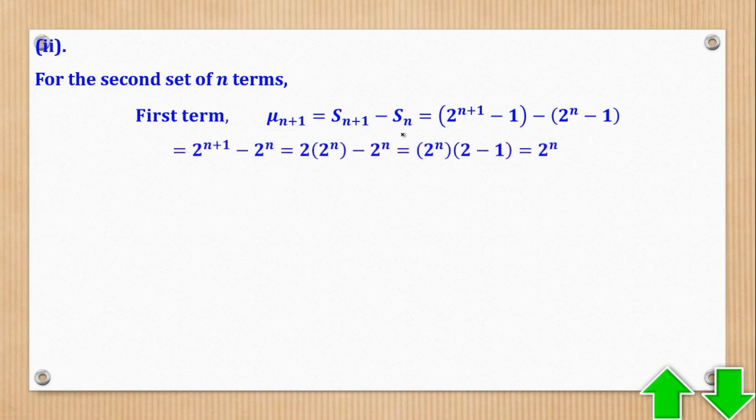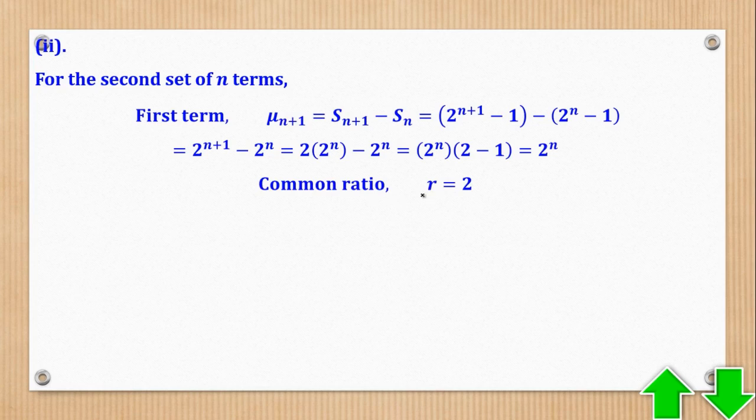So I can simplify further. So this one, this minus that gives you this, and this cancels. So this and this one alone is this, laws of indices. Then 2 to the power n is common. So I'll factorize it out and remain with 2 here and 1 here to give you 2 to the power n. So that's the first term for the second set of n terms.